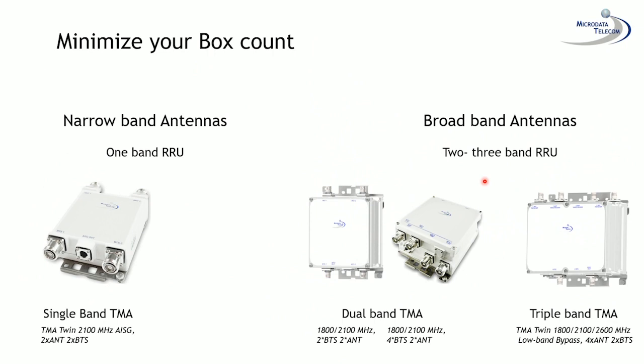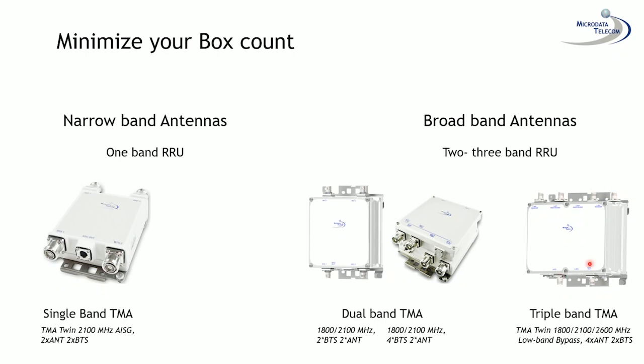If you want to have 2 RUs in your tower, one for LTE and one for GSM, well, you have the 4 connectors, and this is an active diplexer, so to say. You have the same box count as without the TMA, but you get the TMA functionality. So this is a high performance diplexer with ultra low system noise figure.